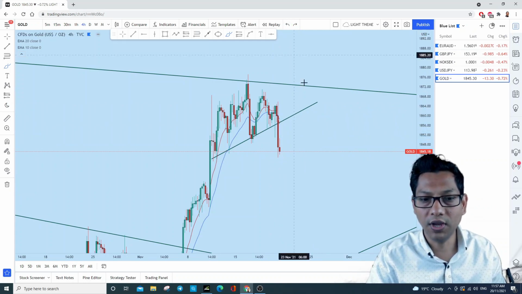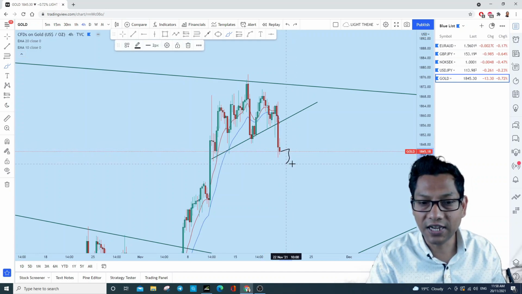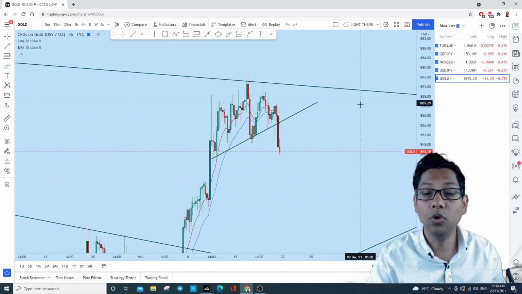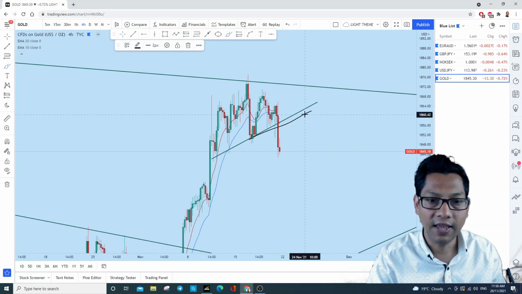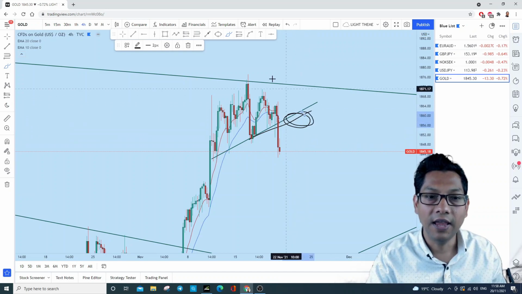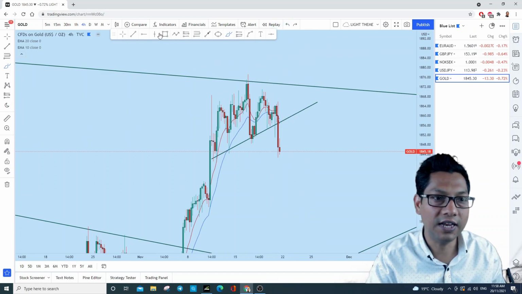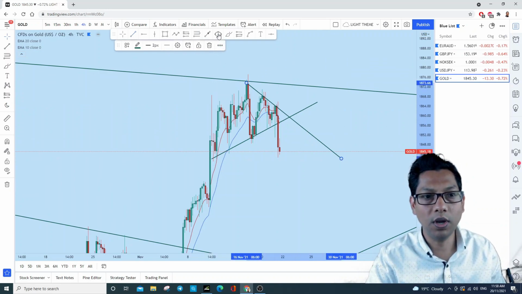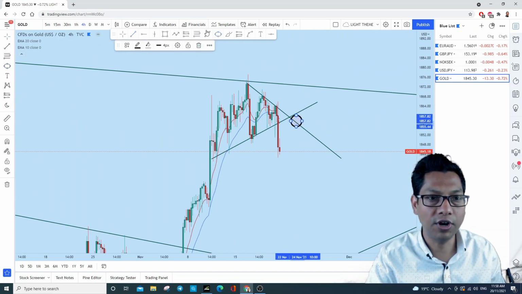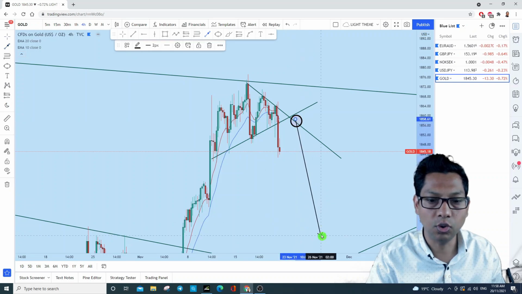From here we can expect this instrument to drop, but we might not see a direct drop from here. What we will be waiting for is a test of this trend line as resistance here. At the same time, there is another trend line along this line, and this is the sweet spot for us to trade this instrument with a high risk to reward ratio.